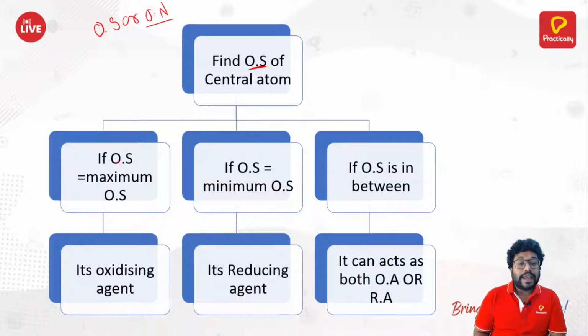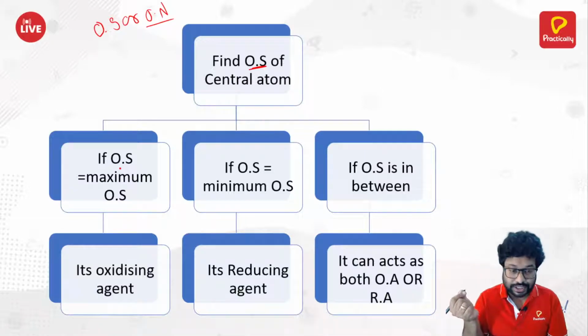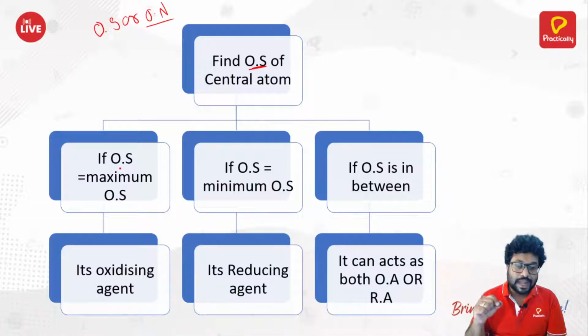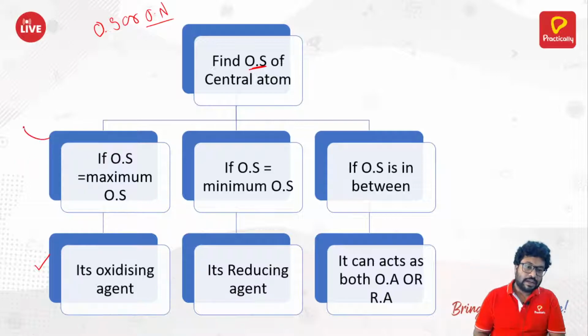Then if that oxidation state is its maximum oxidation state, then it has to be an oxidizing agent. For example, H2SO4. Now in H2SO4, sulfur's oxidation state is +6.